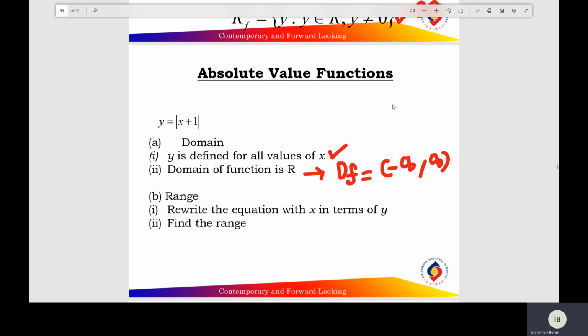Okay, and B, you find the range of the function. You write down the equation with x in terms of y, and find the range of the absolute value function. Okay, you check the solution.